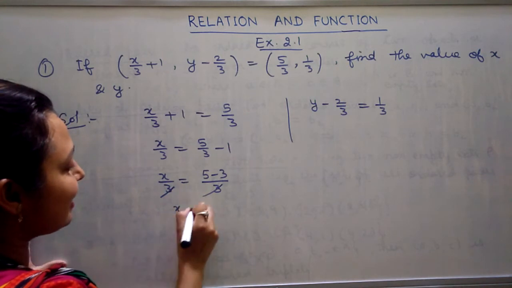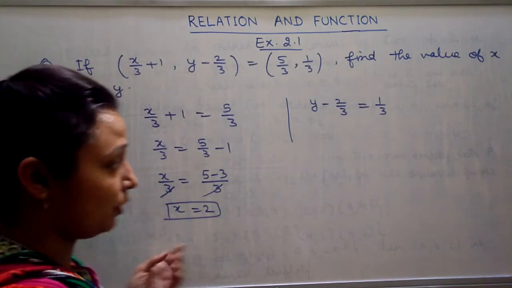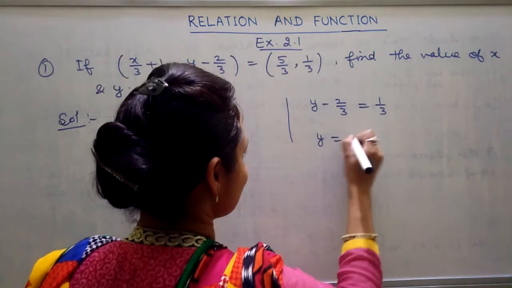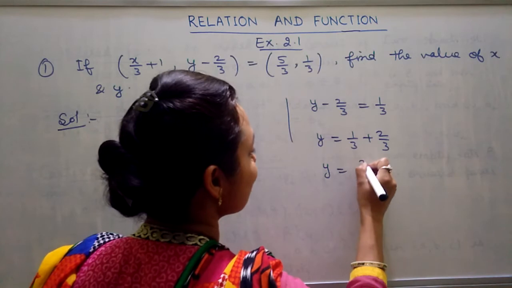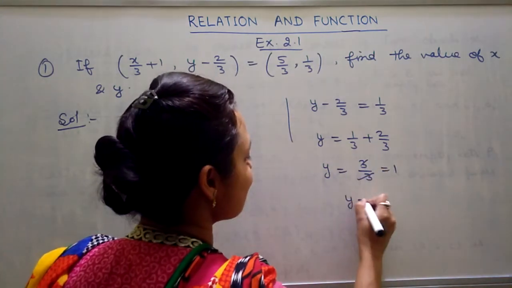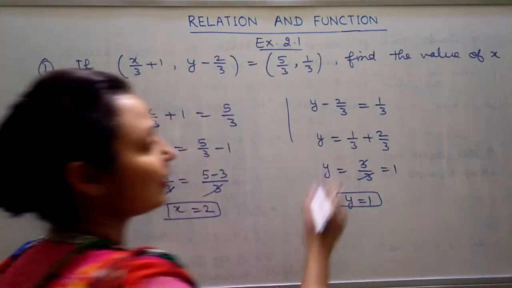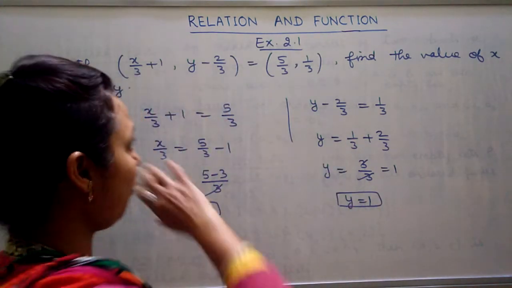The 3s will cancel, x is equal to 2. One of the values we have found. The second one is 1 by 3 plus 2 by 3. This y is equal to 3 by 3. After cancellation we get 1. So y is equal to 1. This is the other variable's value, found by equating the ordered pairs.